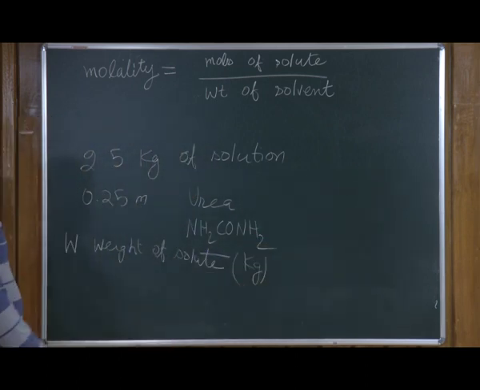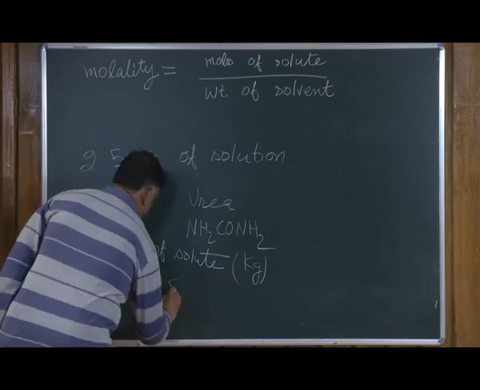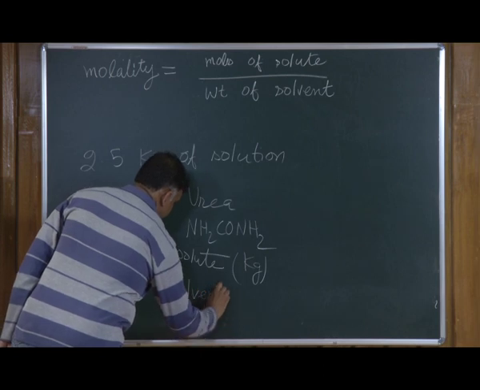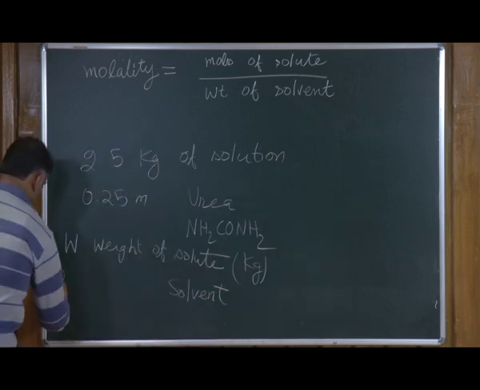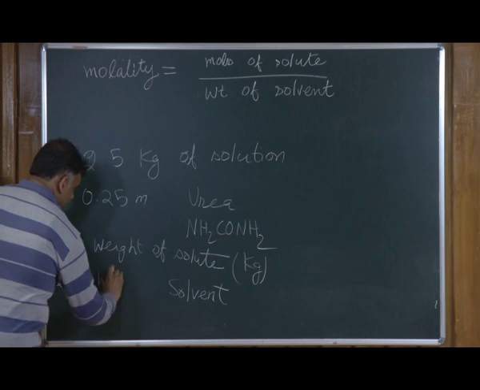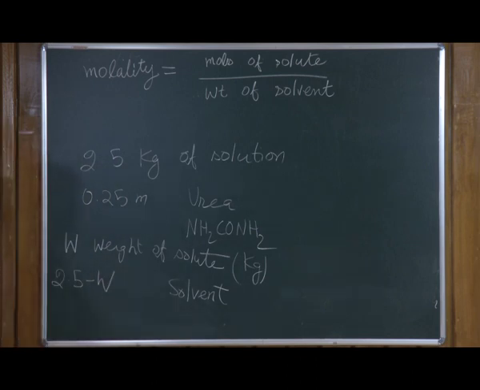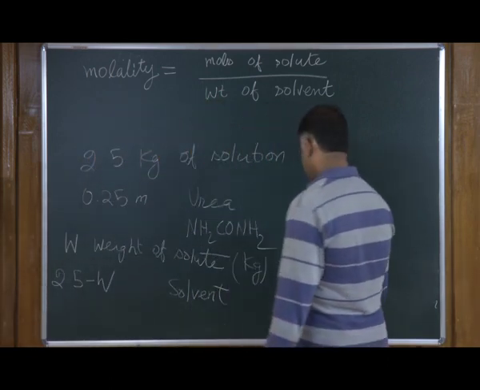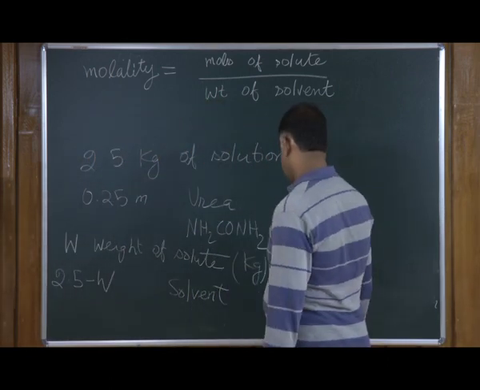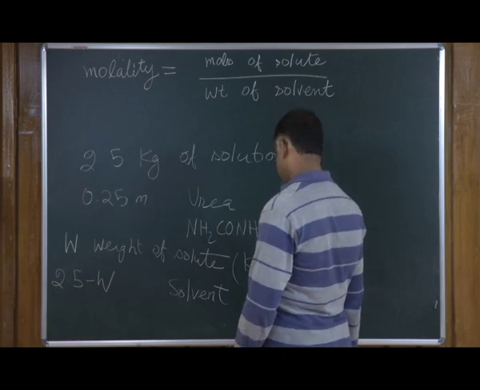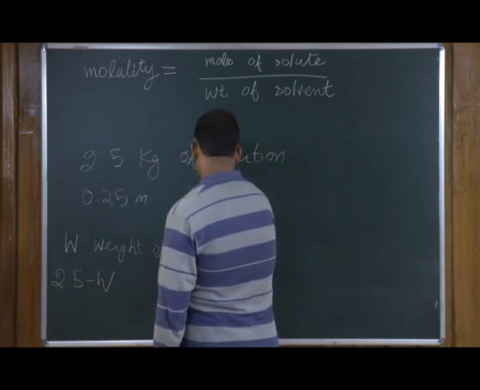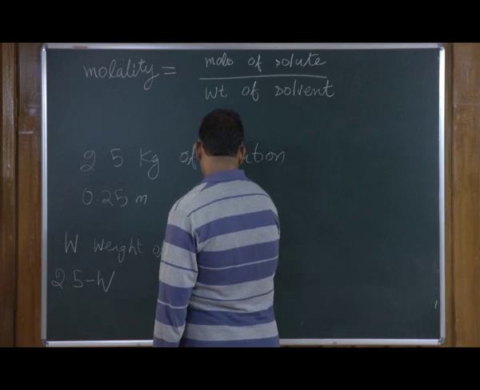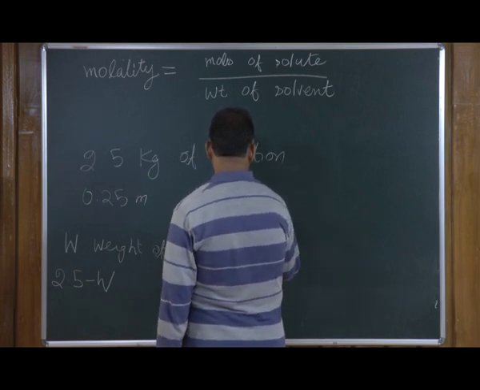Then the weight of solvent is going to be 2.5 minus W in kg. And for moles of solute, I need the molecular weight of urea, that is 14 plus 14, 28, plus 4, 32, plus 12, plus 16. So, 60.